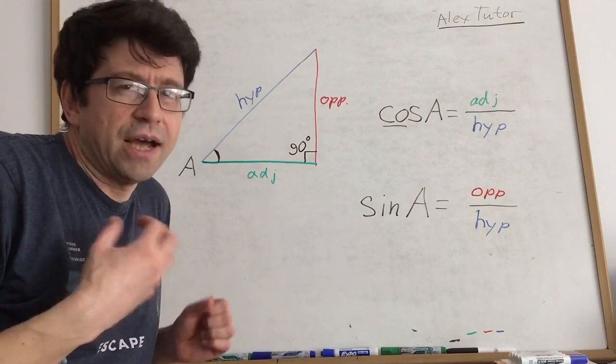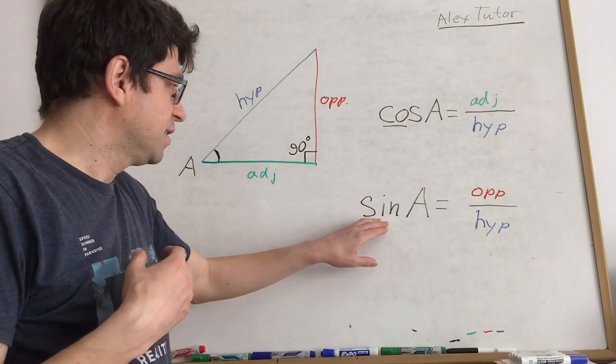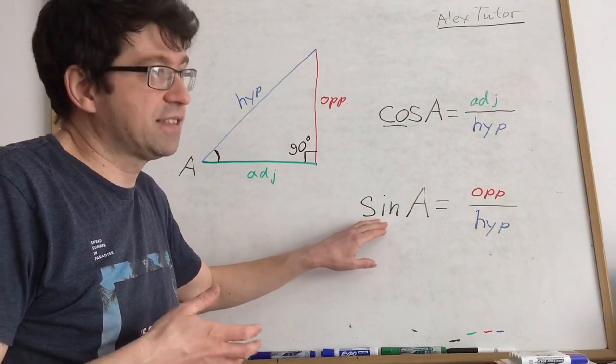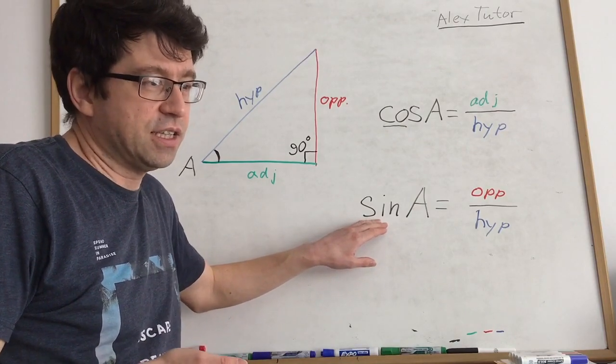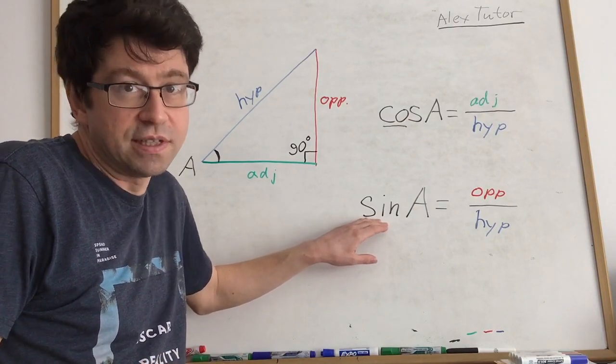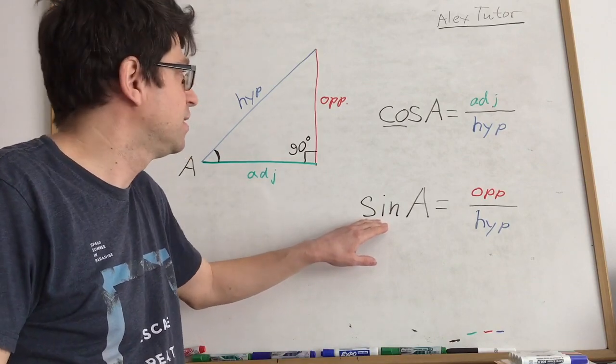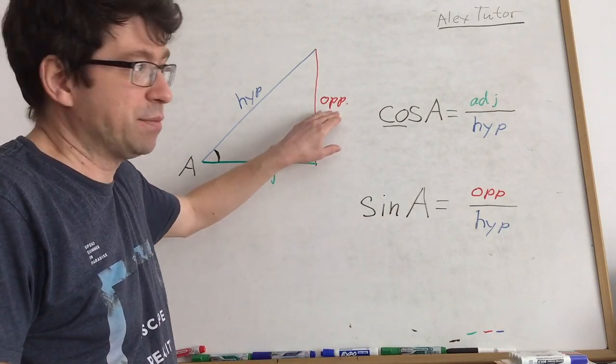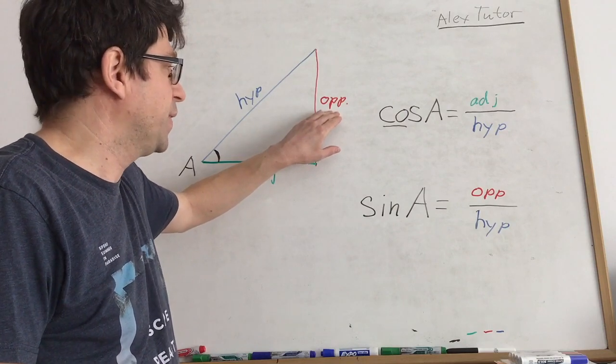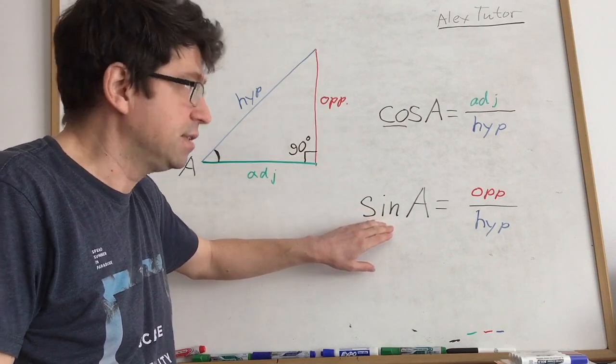Okay, here's my way to remember this. In English it looks like sin. And what does the English word sin mean? It means opposition. It means to be against. So that's how I remember that opposite side is about sine.